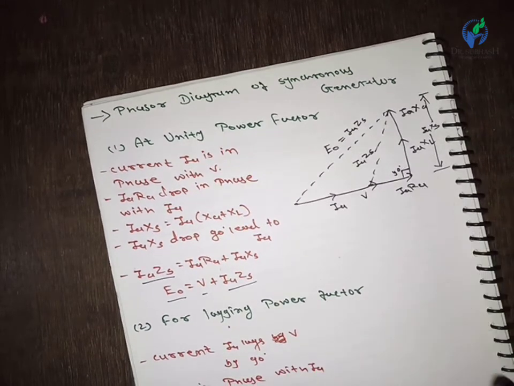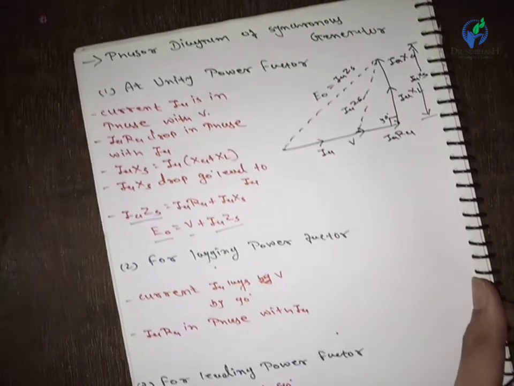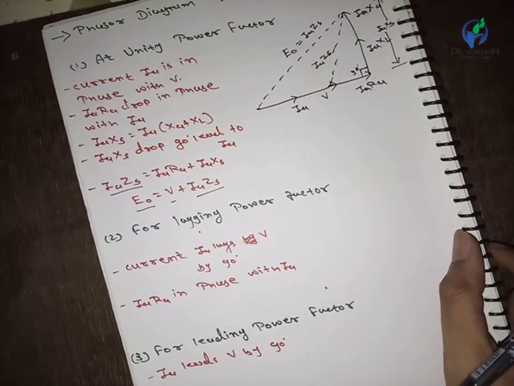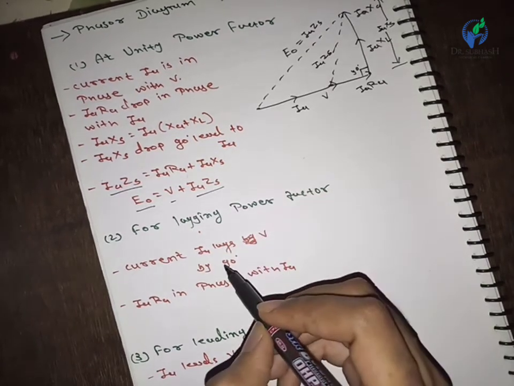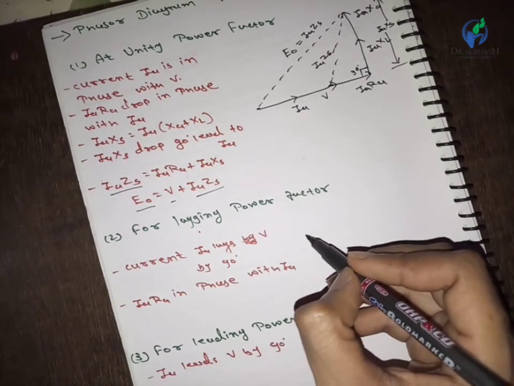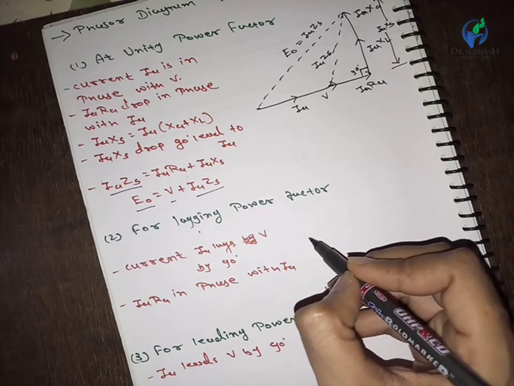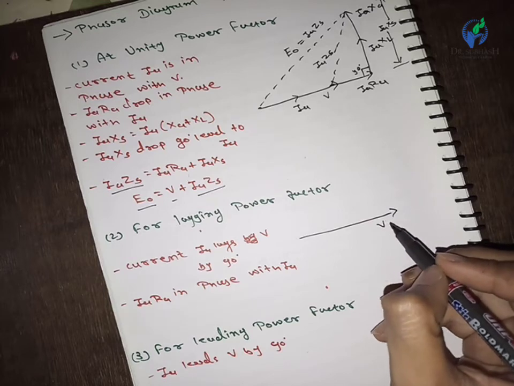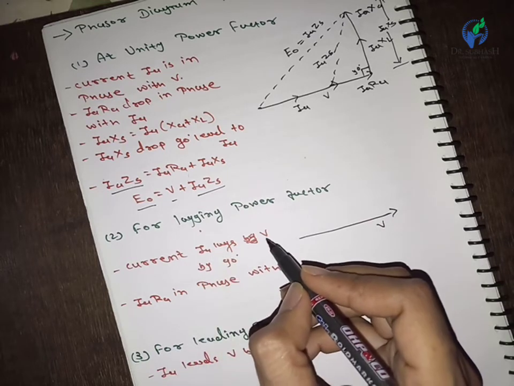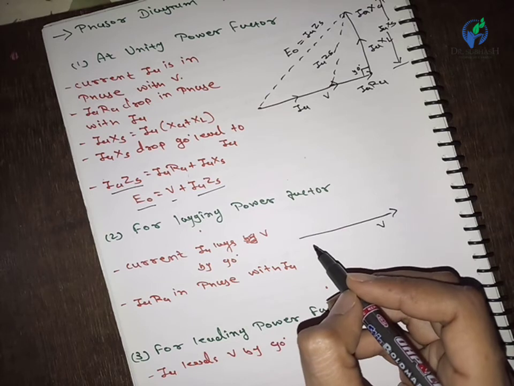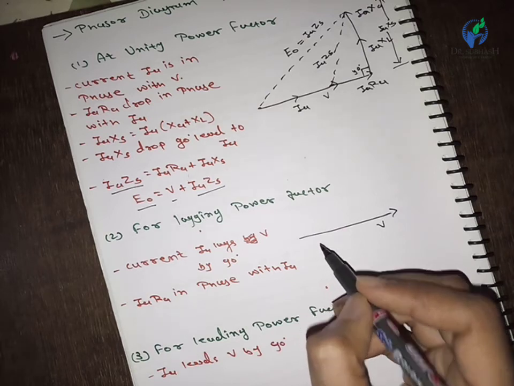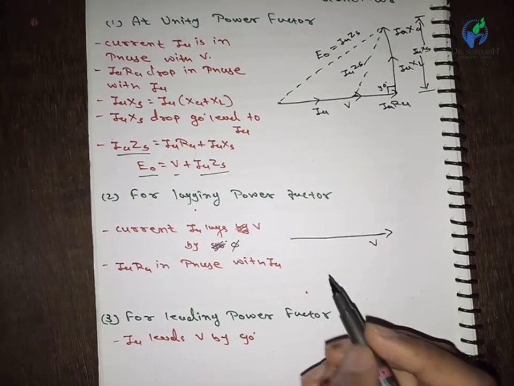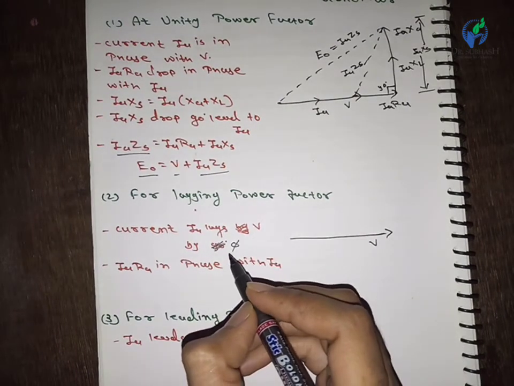Now we draw the phasor diagram for a lagging power factor. In the lagging power factor, the current Ia lags V by a phi angle.